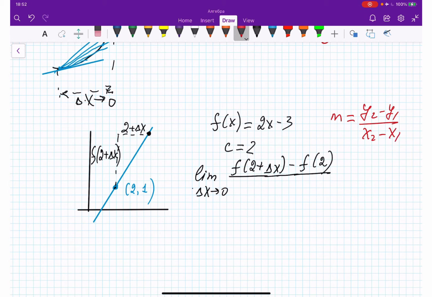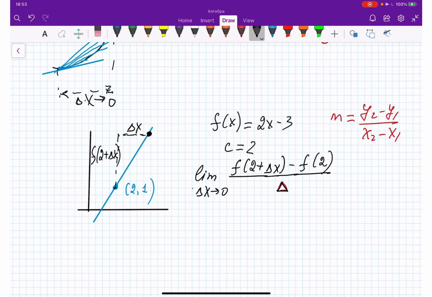So y2 is my ending point, f of 2 plus delta x, and y1 is my starting point, f of 2. Taking the difference and dividing by the difference between x's, which is delta x. Now 2 plus delta x is the point, not the distance. The distance is delta x. Let me make it crystal clear so I don't confuse you.